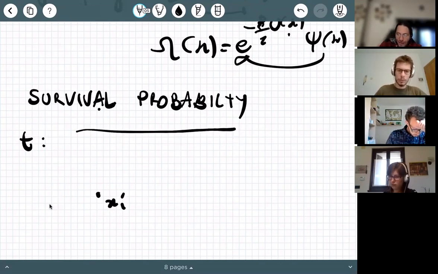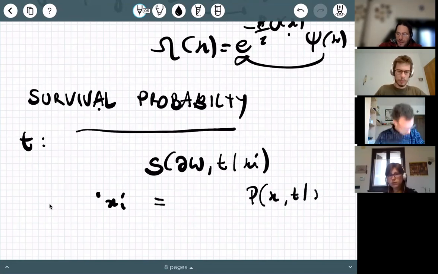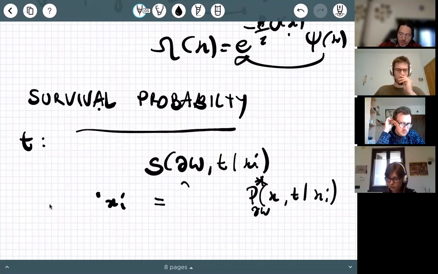So it's called the survival probability. And it's basically the probability to go anywhere in time t starting from x without touching the border, integrated to go anywhere.